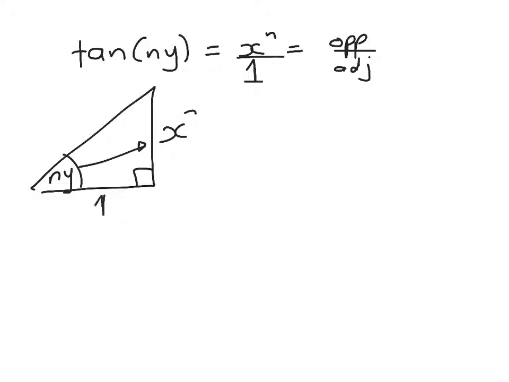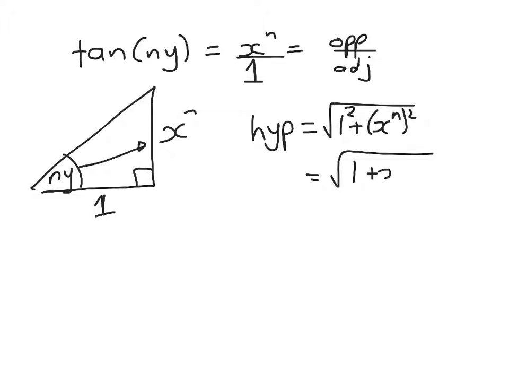The adjacent side is 1. And that means by Pythagoras that the hypotenuse must be the square root of 1 squared plus x to the power of n squared, which is root 1 plus x to the 2n. Now that should look really familiar. So we can write that on here.